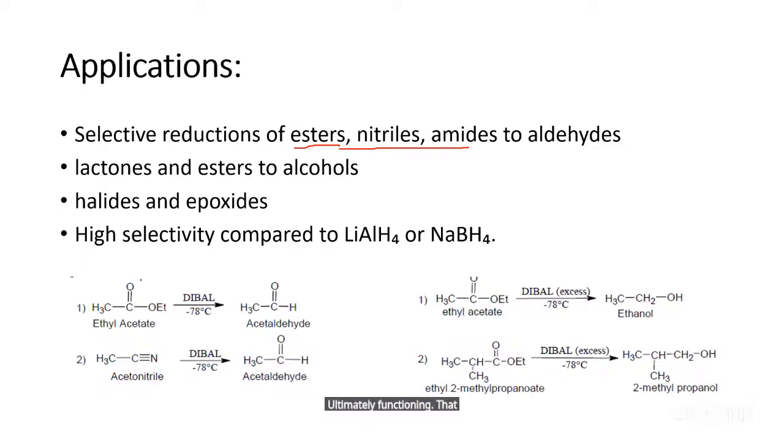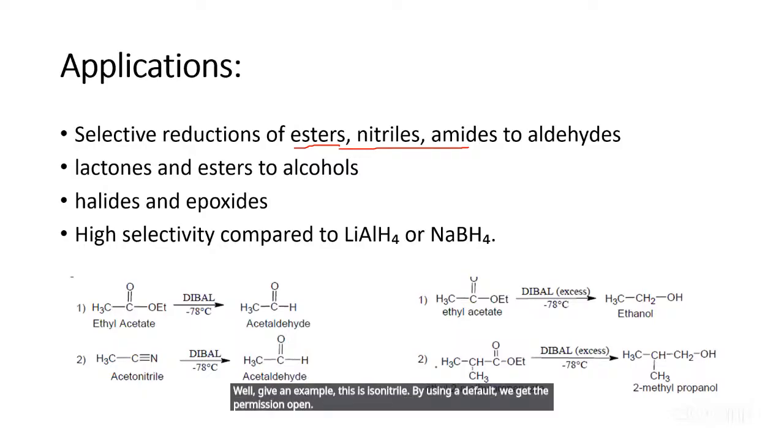That means if we have to selectively reduce an ester to an aldehyde, but keep another aldehyde or ketone intact, we use DIBAL as the reducing reagent. Ester is converted to the aldehyde. Also the cyanide; here we have given an example. This is a nitrile, and by using DIBAL, we get the formation of an aldehyde.